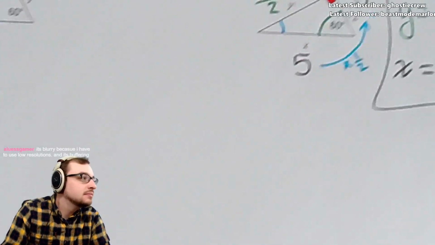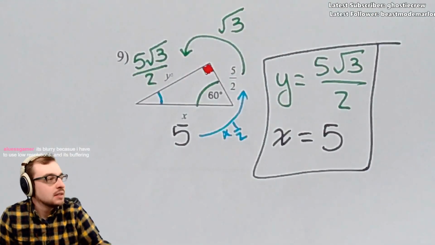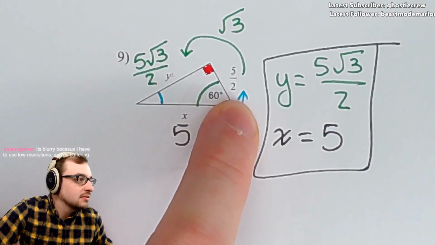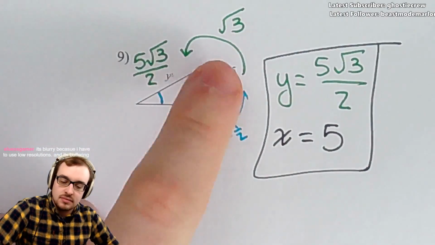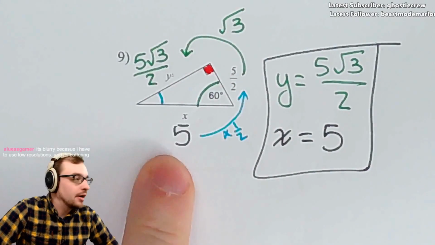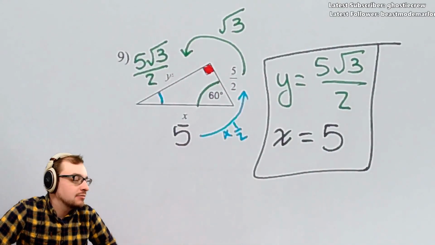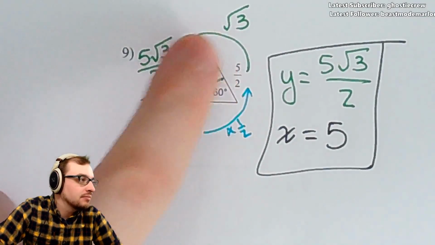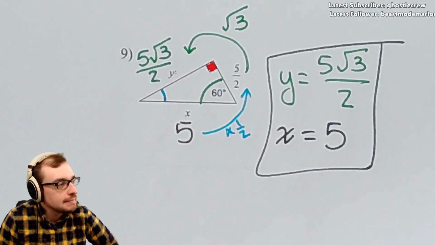Here, I'll zoom in. This is always half of whatever this is, so 5 halves is half of 5, so that must be 5. And then this guy's always whatever this is times root 3, so 5 root 3 over 2.